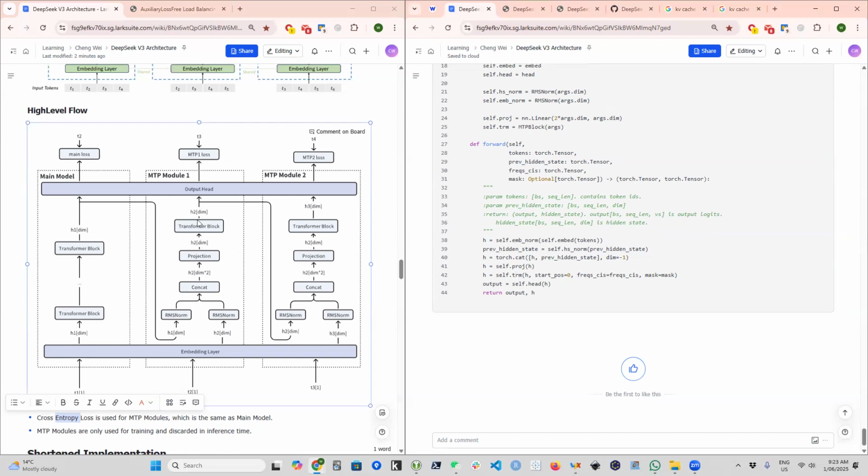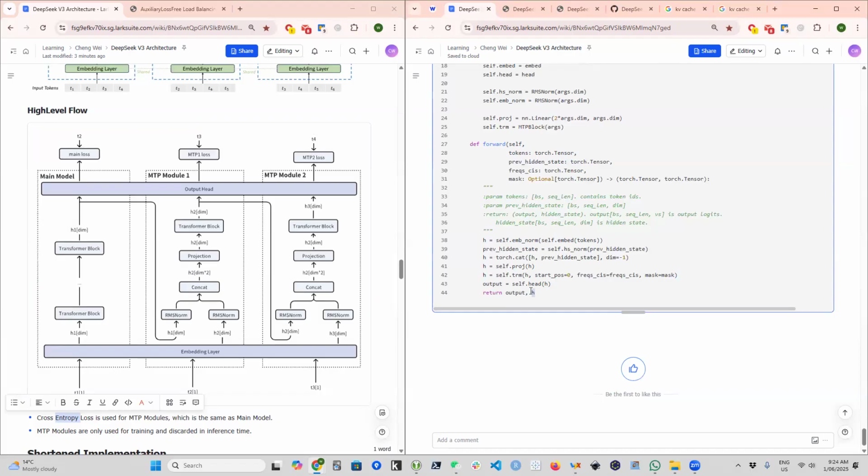Then this one goes through the transformer block, then the output head comes out, right? Then we keep the hidden state from the multi-token prediction here out of the next, right?